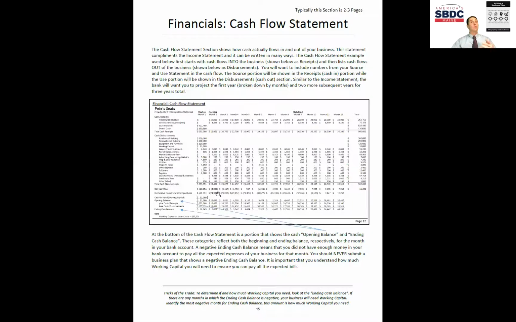Before, when we're working with the SBDC to try to create this model, we'll see a negative, right? Because in the beginning, we're actually losing money until we get up and running, get the clients that we want for the products and services, right? Because it takes a while to build a business. So here we worked with the SBDC to try to figure out, okay, how much working capital do we need to make sure that isn't negative?